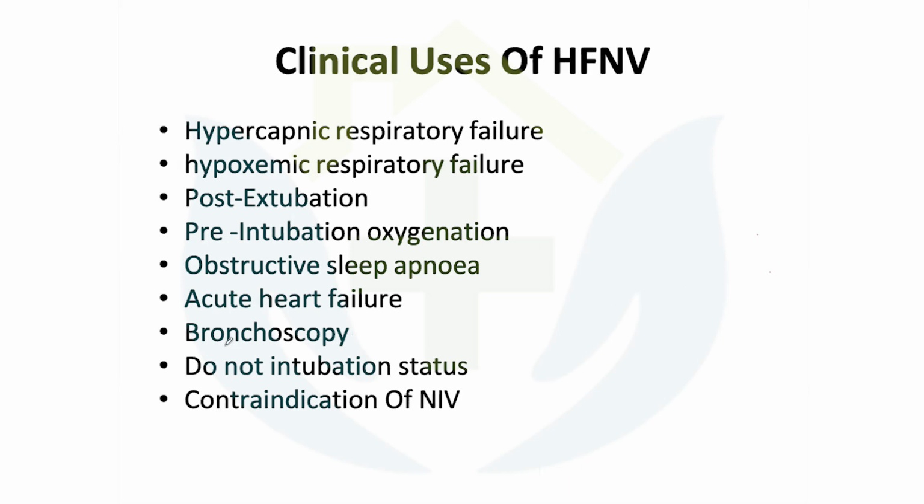Now coming to the clinical uses of HFNC. It can be used in hypercapnic respiratory failure and hypoxic respiratory failure, especially in post-extubation patients where there is doubt whether the patient may be re-intubated, so as to prevent re-intubation, and for pre-intubation oxygenation in the ICU, and in obstructive sleep apnea patients. During bronchoscopy, we regularly use HFNC during EBUS, endobronchial ultrasound procedures, or tracheal stenting procedures, and it helps to prevent intubation.